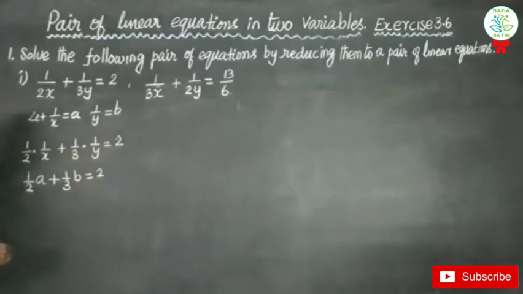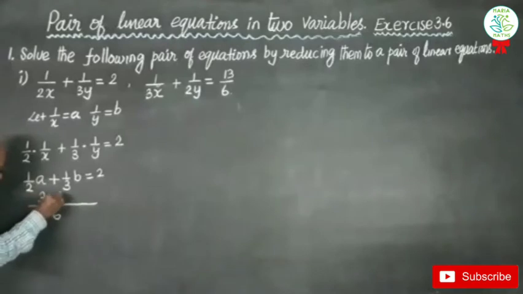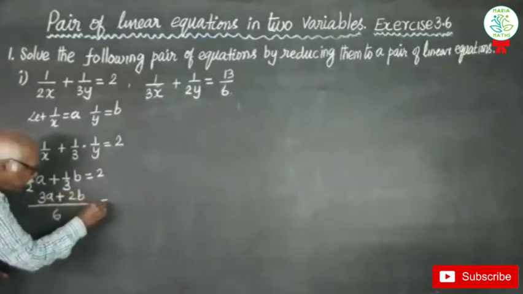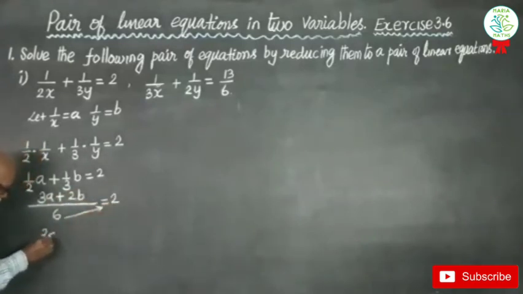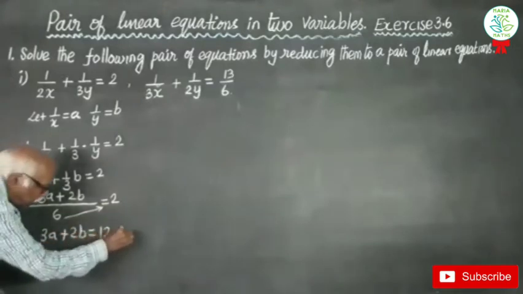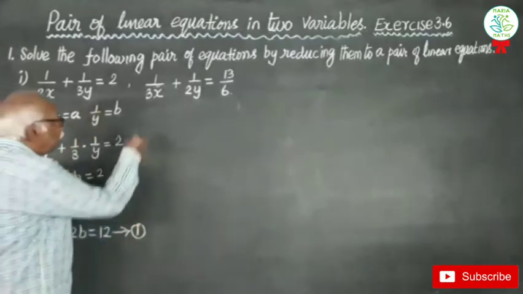Now take the LCM of 2 and 3, which is 6. 6 by 2 is 3 times, so 3 into a, 3a, plus 6 by 3 is 2 times, 2 into b, 2b, is equal to 2. Now cross multiply: 3a plus 2b equal to 12. Equation number 1.